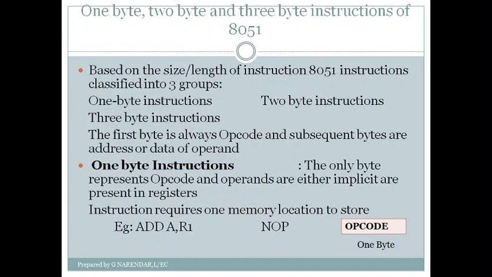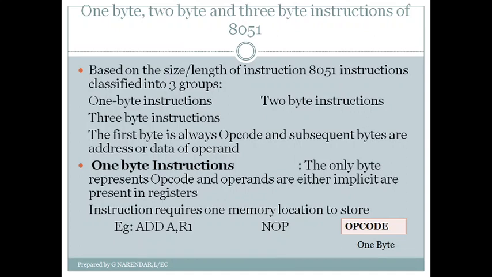That means the data on which the operation is to be performed is either present in registers, and the registers will not take any memory because they are separate parts of the 8051 which don't require any storage.